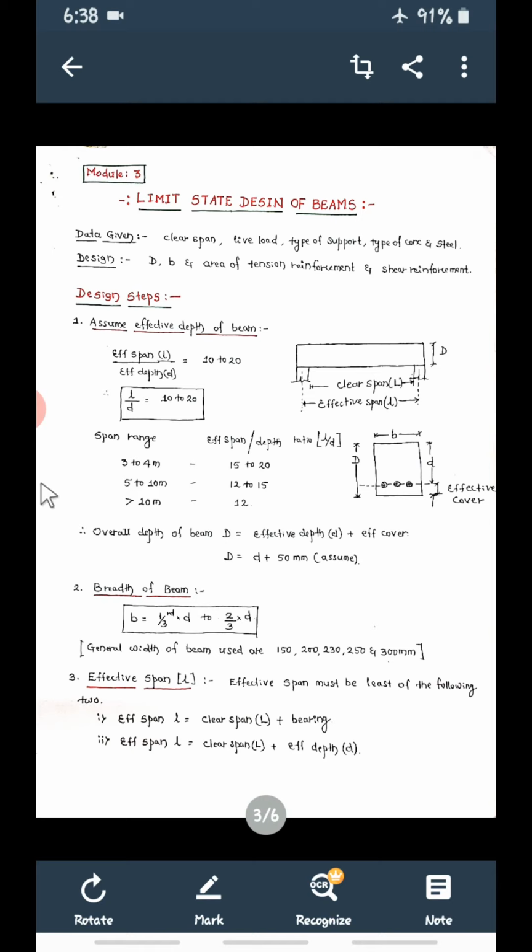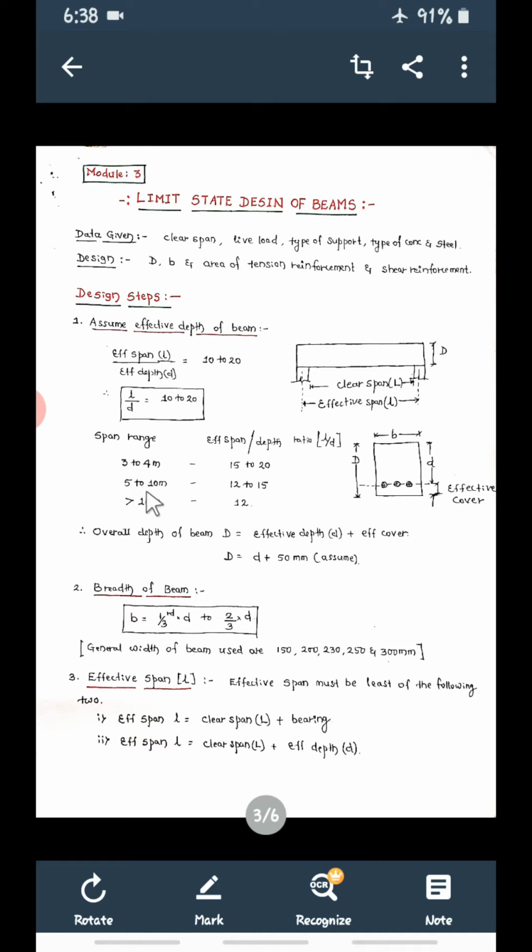If the clear span is between 3 to 4 meter, then you have to assume L by D ratio as 15 to 20. Maximum is 20 only.